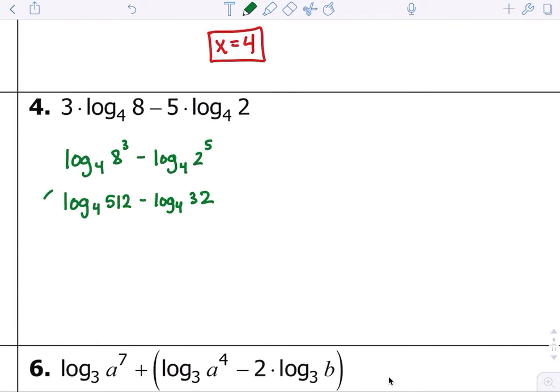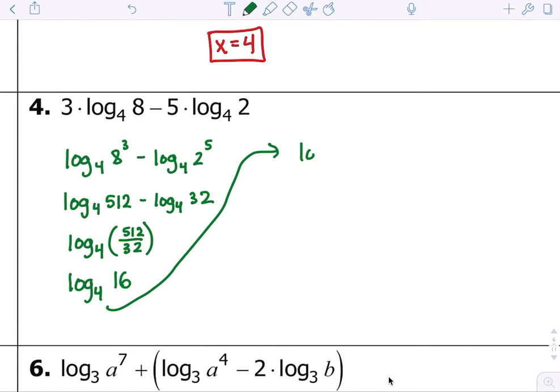Now, see, there's nothing in front of the logarithms, right? And we have subtraction. So now we can use division. So log base 4, using quotient rule, of 512 divided by 32. And this is going to give us log base 4 of 16.